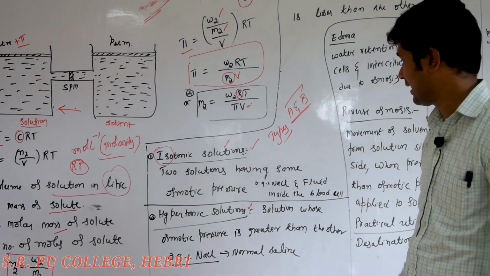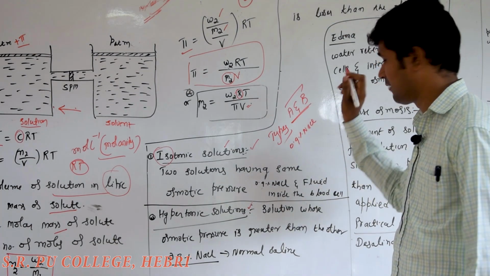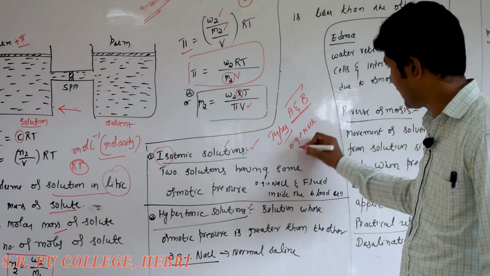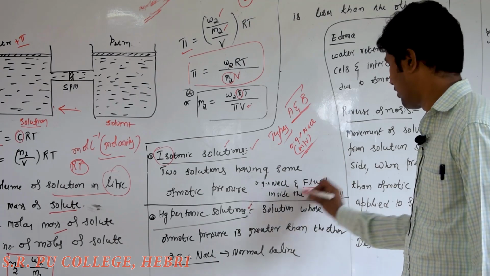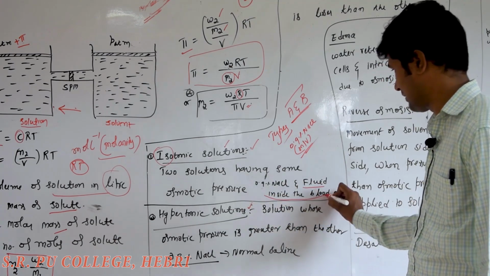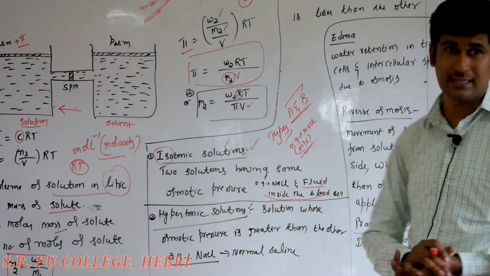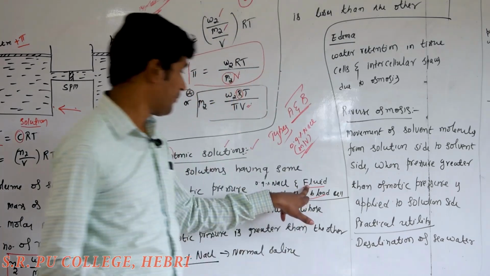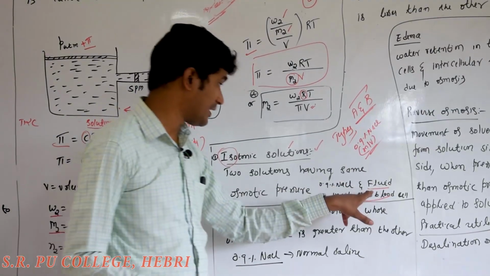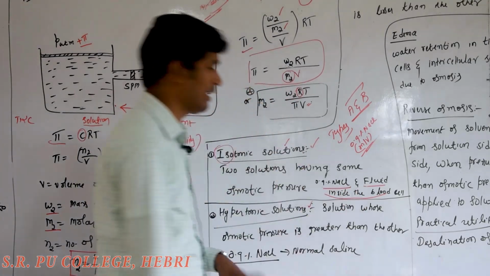I will give one practical example. 0.9% NaCl mass by volume and the fluid inside the blood cell have the same osmotic pressure, so they are known as isotonic solutions. The osmotic pressure of body fluids, or fluid inside the blood cell, and the osmotic pressure of 0.9% NaCl are the same.